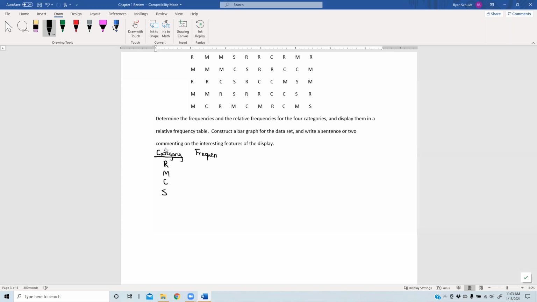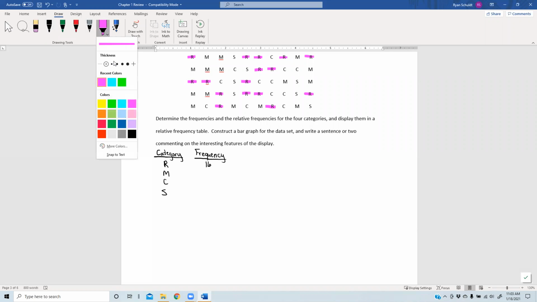So this is probably one of those things that will take up the most time because we've got to go through now and count each of them. So let's start with R's. We'll go through and count all the R's. Okay, so there should be 16 R's. Now let's do the M's.